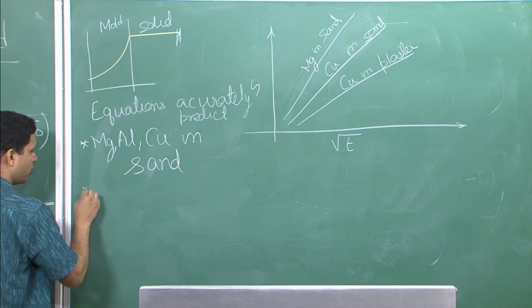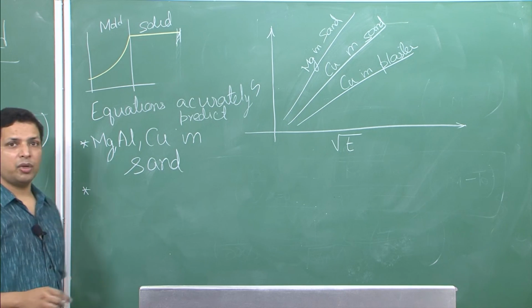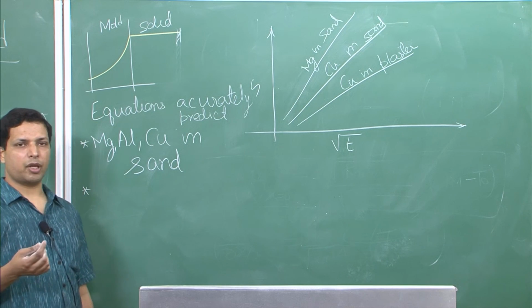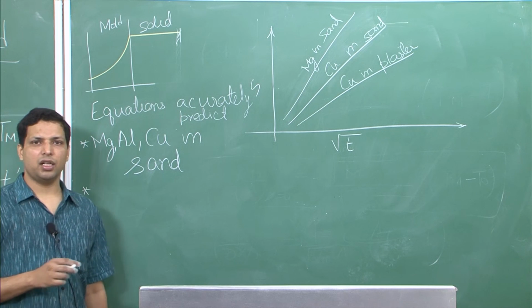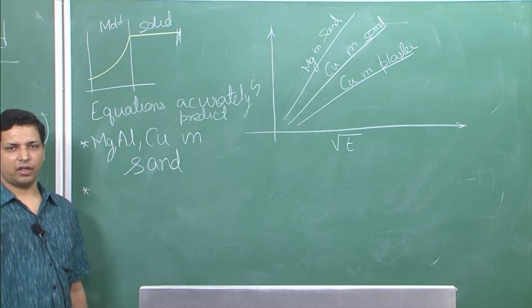But if you are talking about, let us say, aluminum in steel, you do have a permanent mold casting. Aluminum is very conductive, true, but steel is not orders of magnitude different from aluminum.